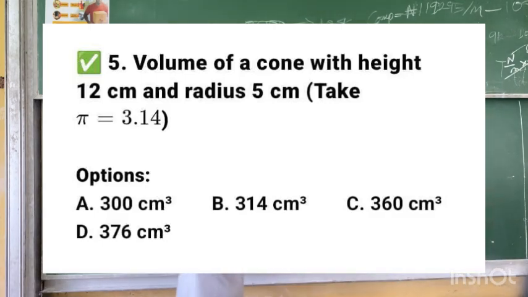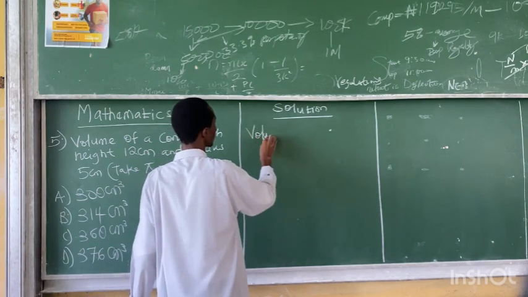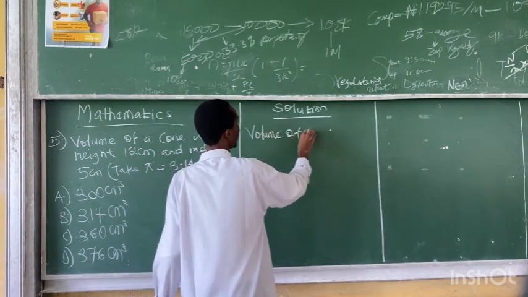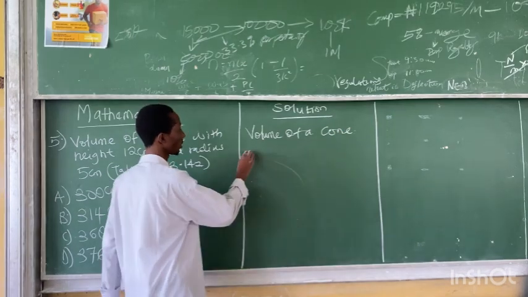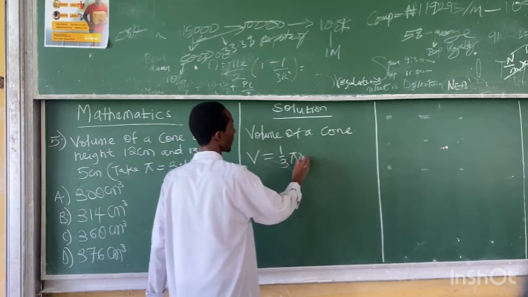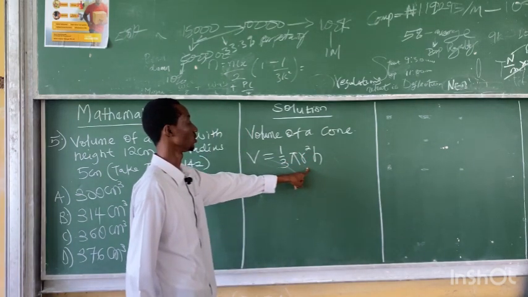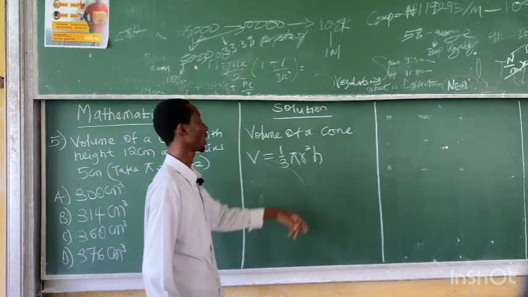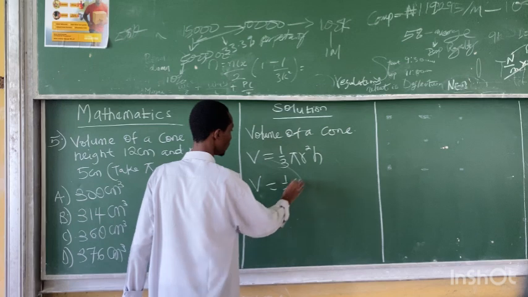Now, recall that the volume of a cone is given by the formula V is equal to 1 over 3 pi r square h, where r here is the radius and h here is the height. So we have V is equal to 1 over 3.